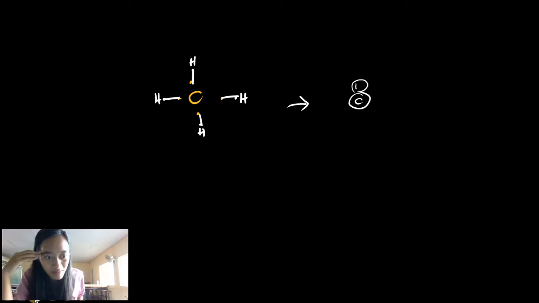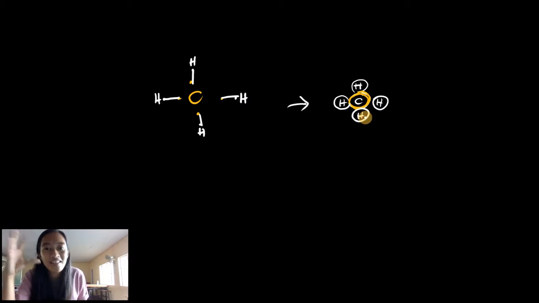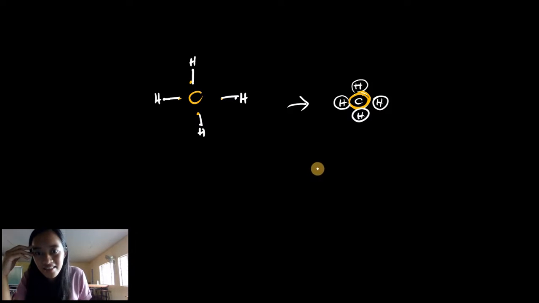Let's try again. Carbon ni dia. So murag mao ni ang example niyang structure dito sa sulod sa compound. Okay. We can also draw it like this. Ana lang. Okay.